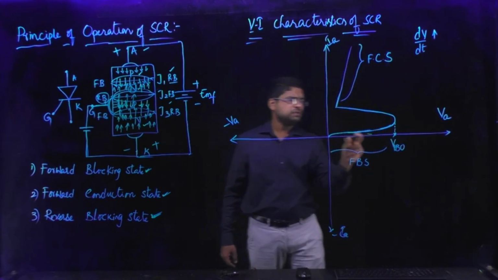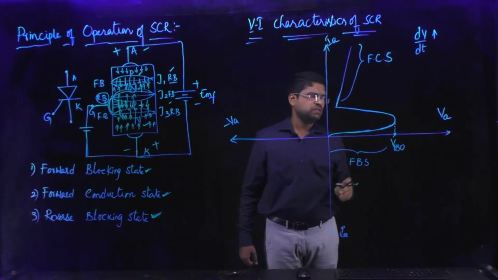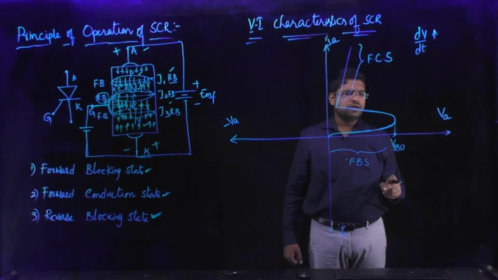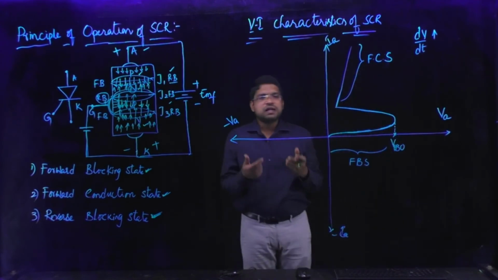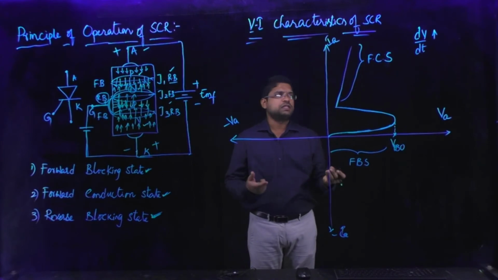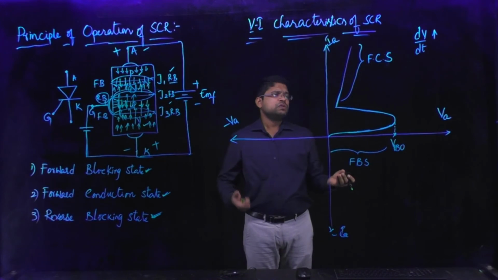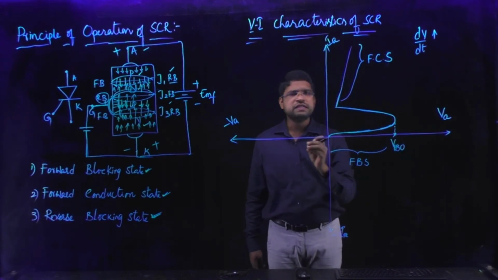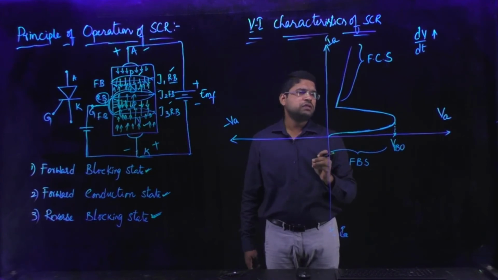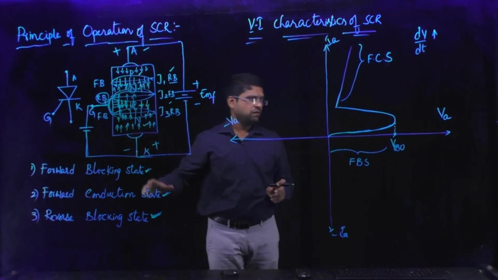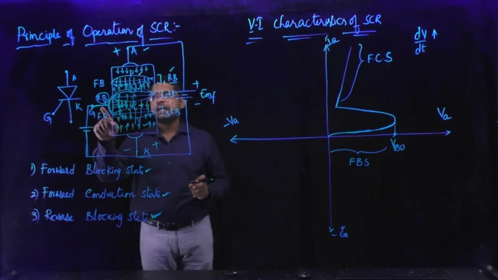But turning on by avalanche breakdown voltage is not practicable, because the high rate of dV/dt triggering may sometimes be greater than the specified dV/dt rating of the SCR, so the device may be damaged. That is why the device has to be turned on before the forward breakover voltage occurs. To do this, the gate pulse has to be given before the forward breakover voltage appears across the device.